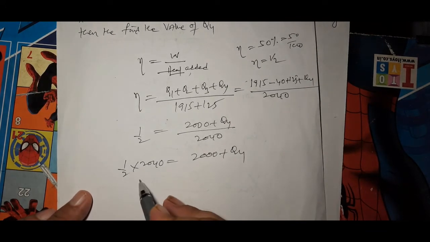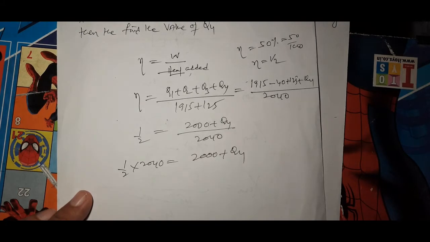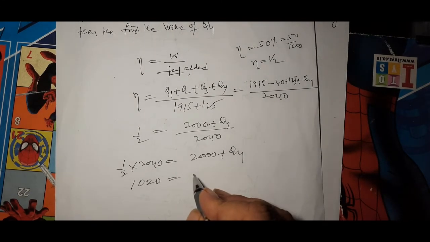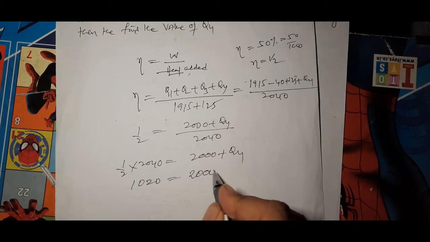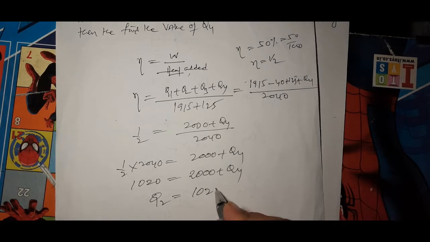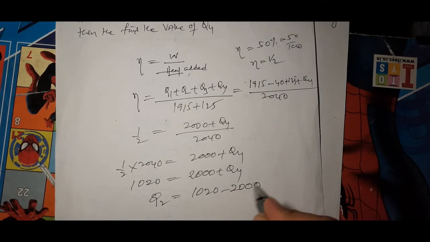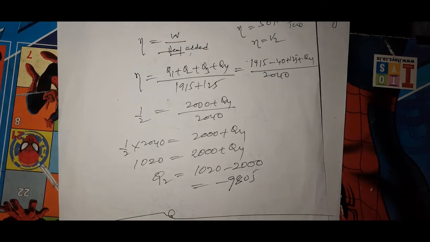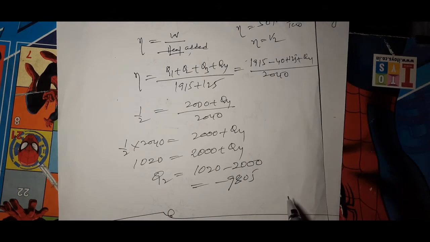This is 1020, so 1020 is equal to 2000 plus Q4. So Q4 is equal to 1020 minus 2000, that is equal to minus 980 joules. The value of Q4 is minus 980 joules.